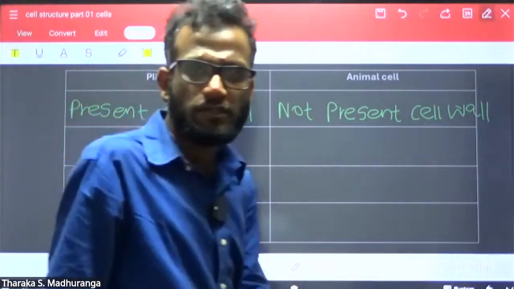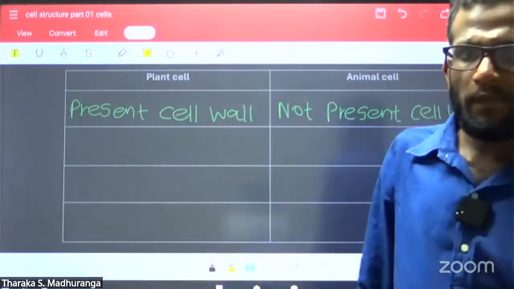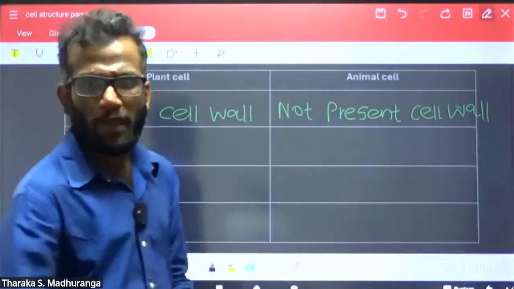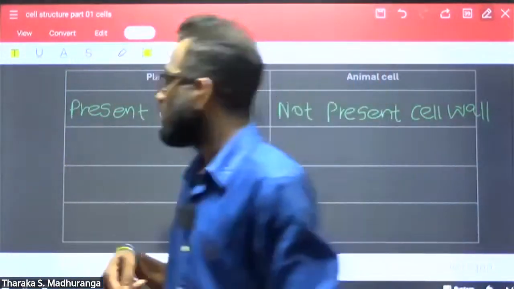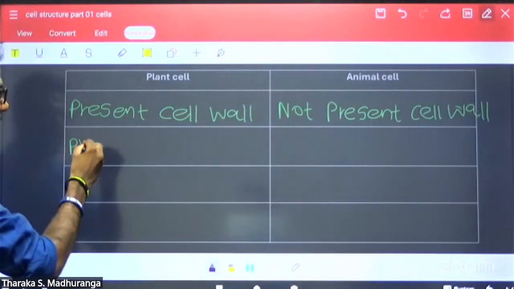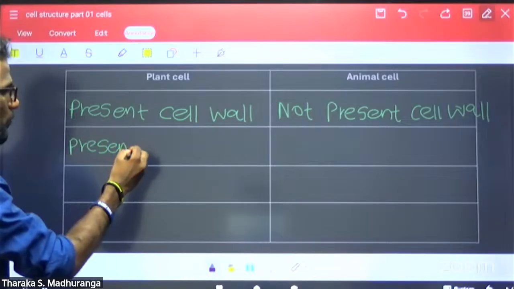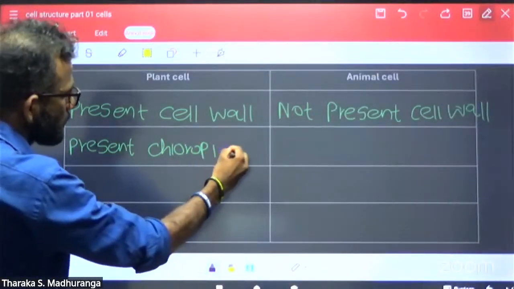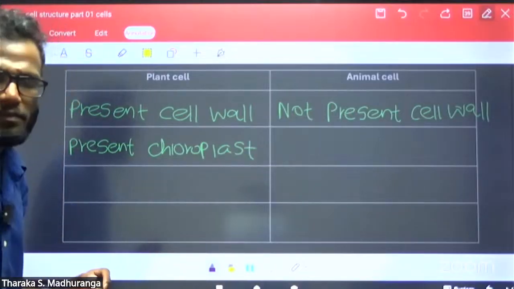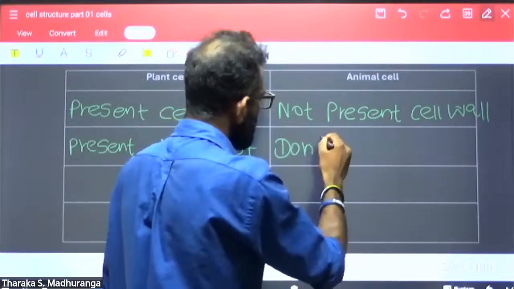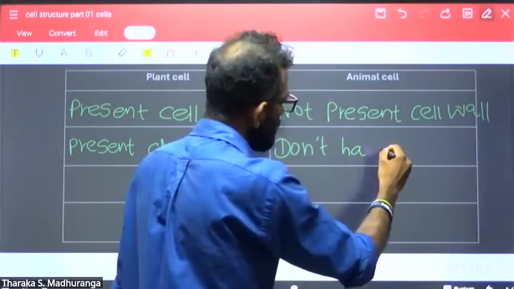That is a common difference. The other very important one is chloroplast. The plant cell has chloroplast, but animal cells don't have chloroplast.